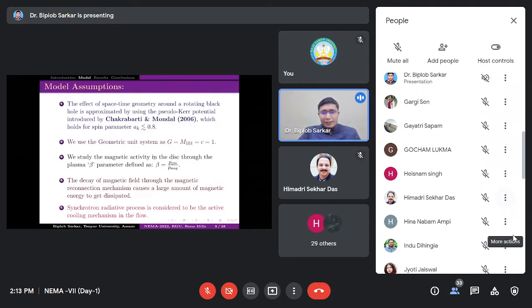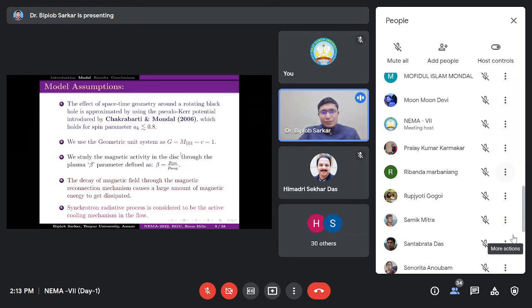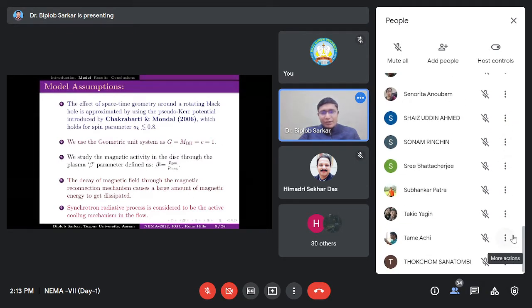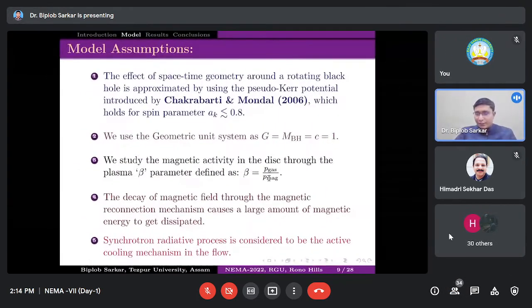To study the magnetic activity in the disk, we make use of the plasma beta parameter, which is defined as the ratio of the gas pressure to the magnetic pressure in the accretion flow. The decay of magnetic fields through the magnetic reconnection mechanism can cause a large amount of magnetic energy to get dissipated in the accretion flow, and thereby the accretion flow can get heated up. Due to high temperature in the accretion flow, the matter will remain in the ionized form.